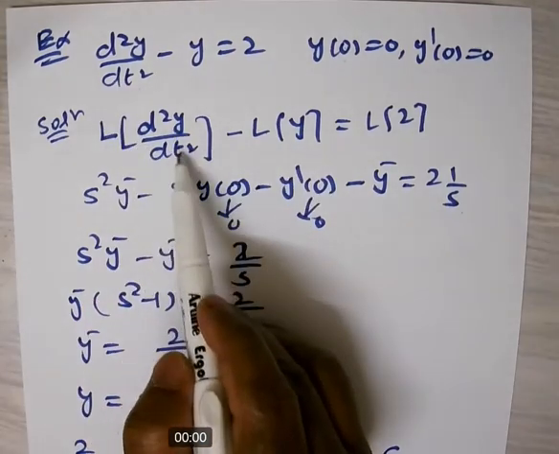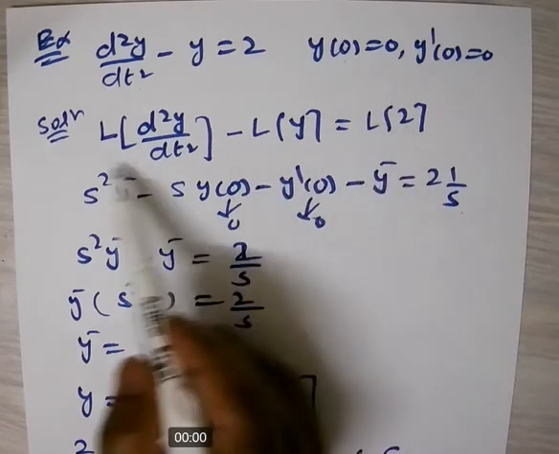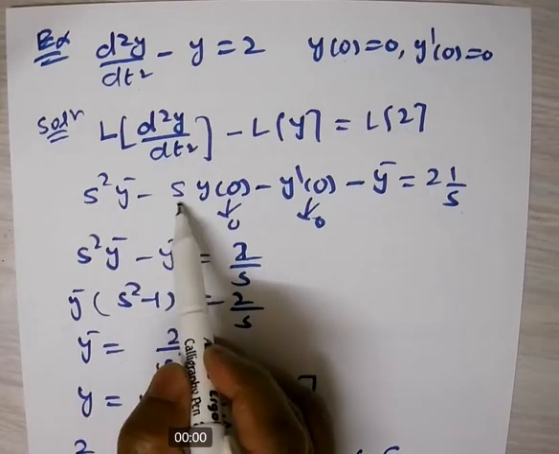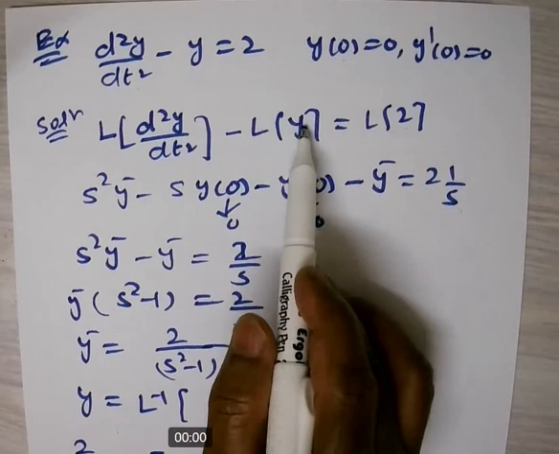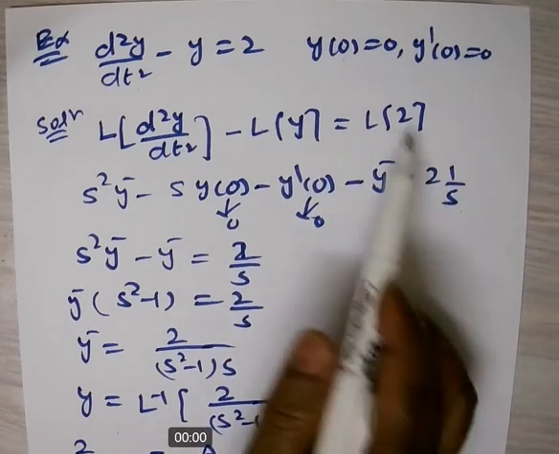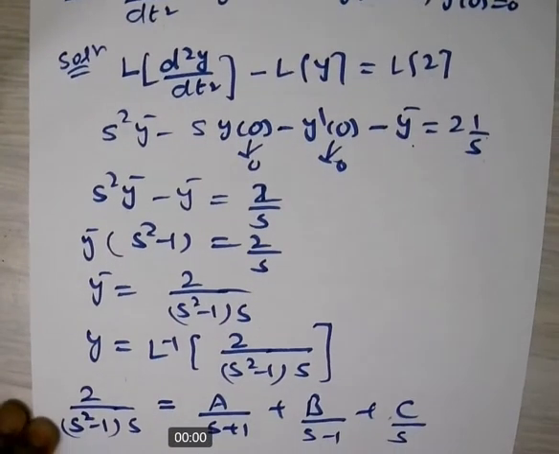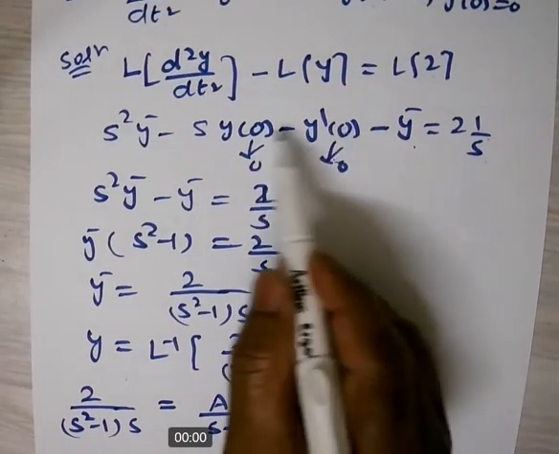Laplace transform of d2y/dt square minus Laplace transform of y is equal to Laplace transform of 2. Laplace transform of d2y/dt square, I told you, is s square y bar minus s y(0) minus y dash (0), minus y bar, equal to 2 times the Laplace transform of 1, which is 1 divided by s. This is given 0, this is also given 0, so this becomes 0.